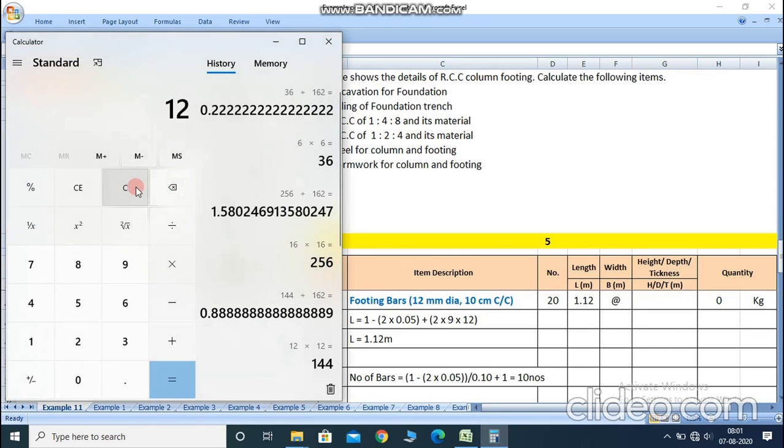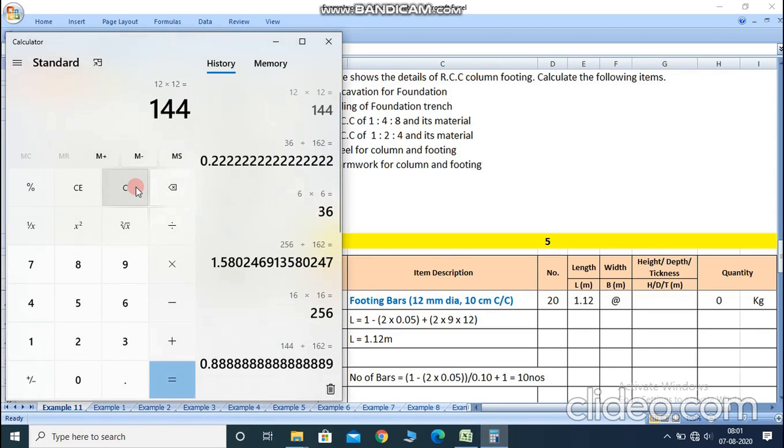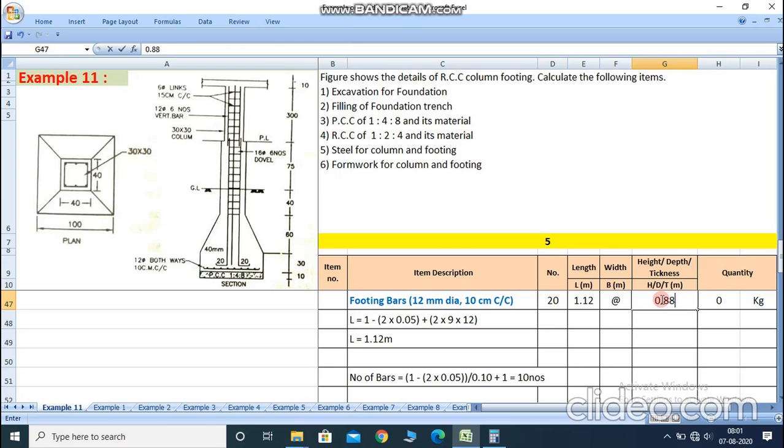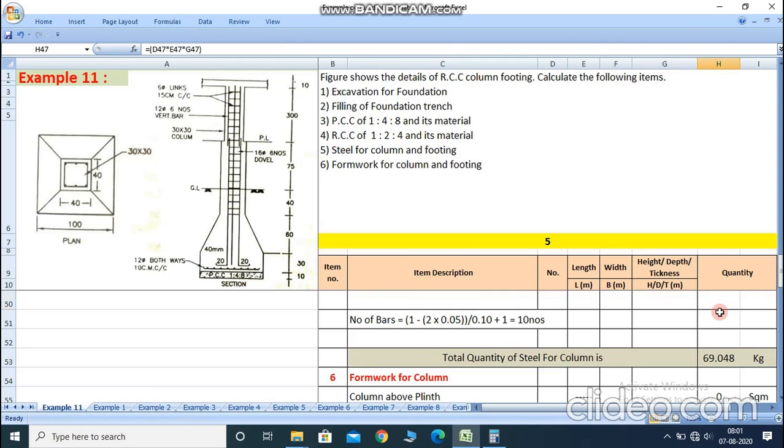So here 12 multiplied by 12, d square divided by 162, answer is 0.88, right here 0.88. Now multiplication of 20 multiplied by 1.12 multiplied by 0.88, so answer is 19.712 kg, the total weight of the steel required for the footing bars, 12 mm dia, 10 cm center to center.